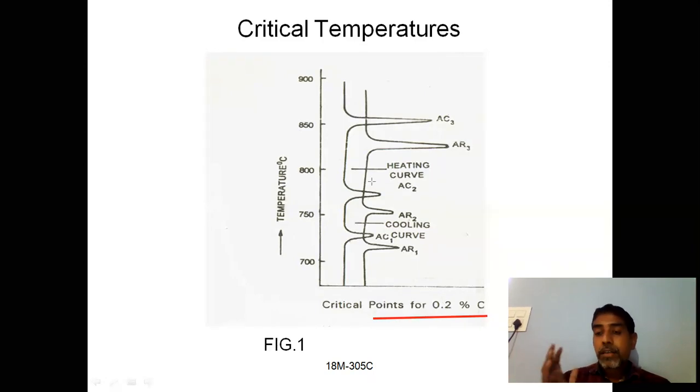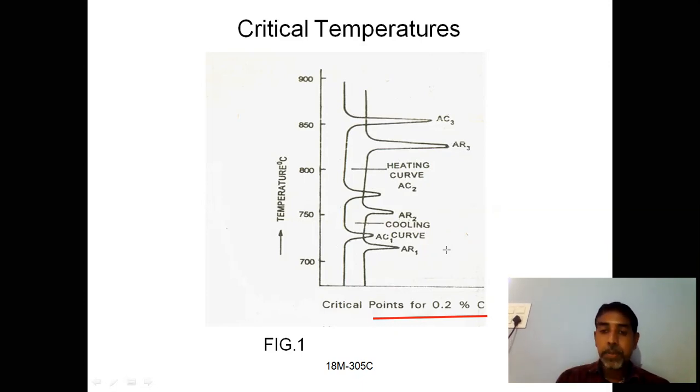If I draw the critical temperatures, what is meant by critical temperature, I will explain. If you observe this, you have two curves. AC1, AC2 and AC3 is one curve, and AR1, AR2, AR3 is another curve. One is the heating curve and one is the cooling curve. So what is meant by this critical temperature?